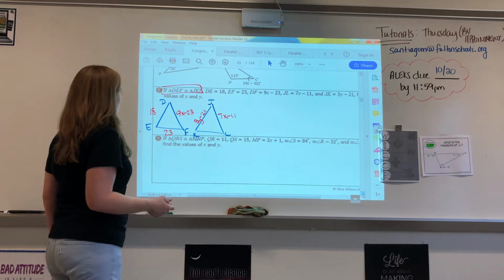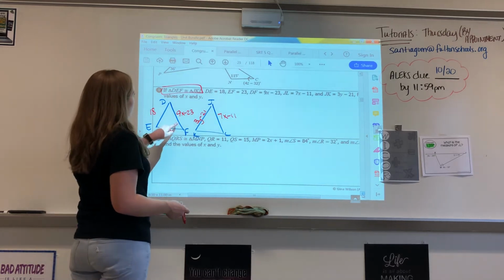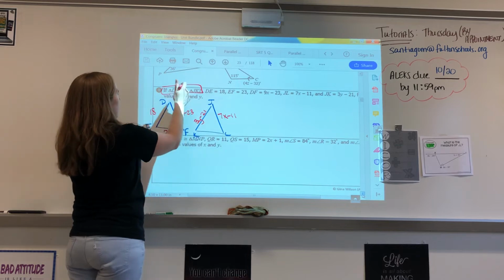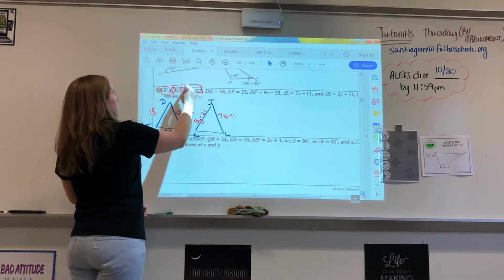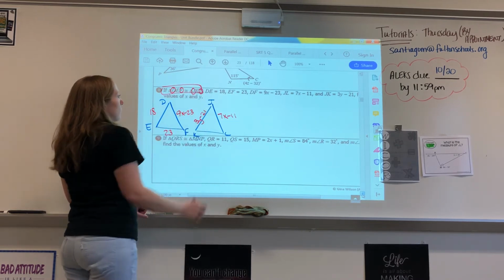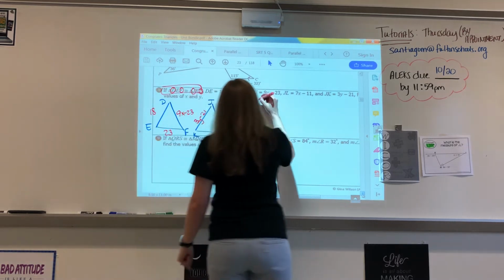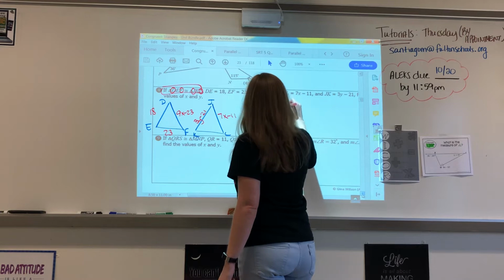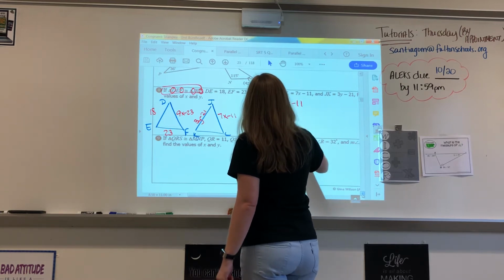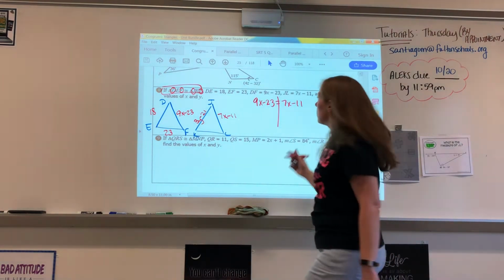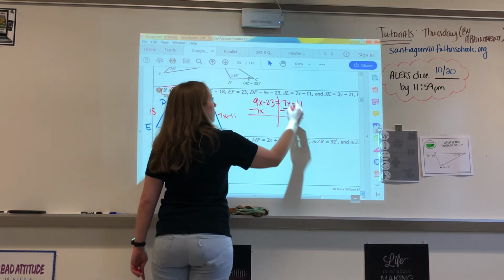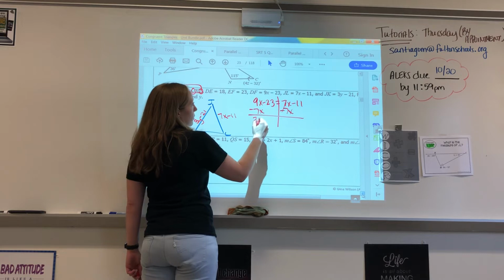I see that DF and JL correspond, so I know that these are equal to each other. They said they're congruent triangles, so I know the sides are equal. Then I solve for x. I move the smaller number over: 9x minus 7x is 2x.